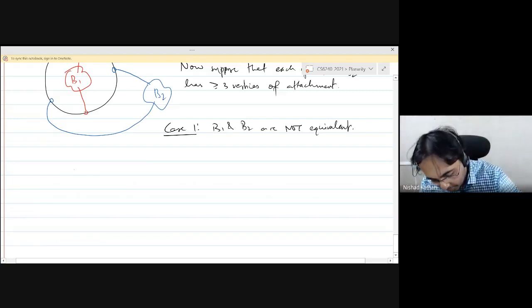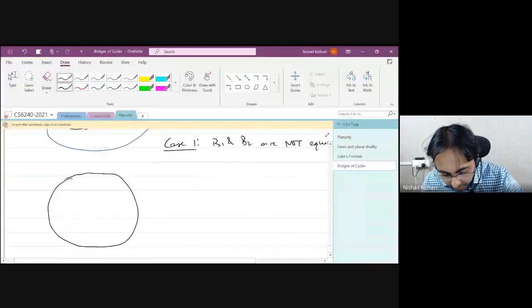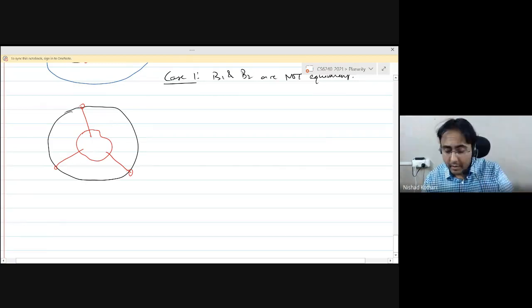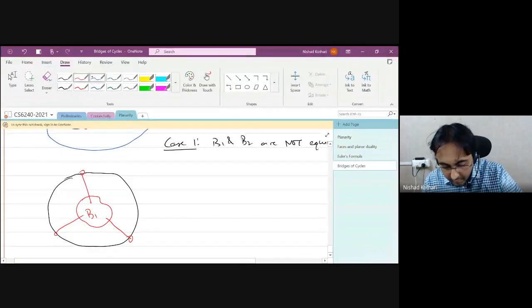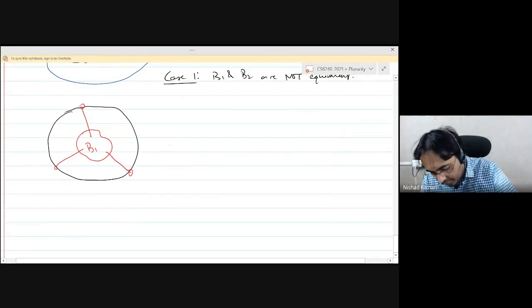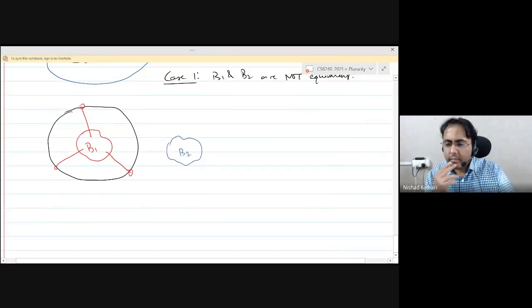So let's make a quick drawing. So let's say B1 has its vertex of attachment, something like this. Okay, let's say there are three. And then we have the bridge B2, right?